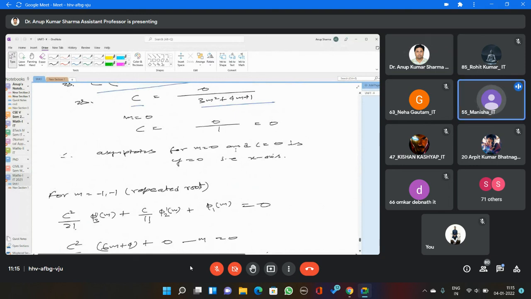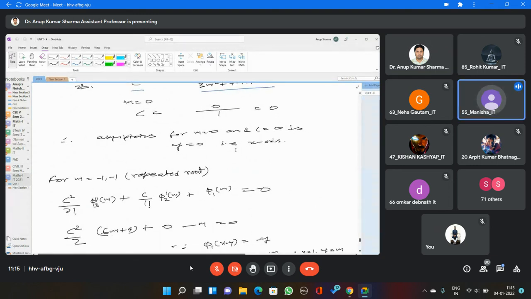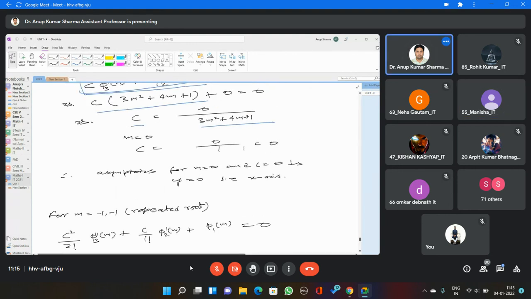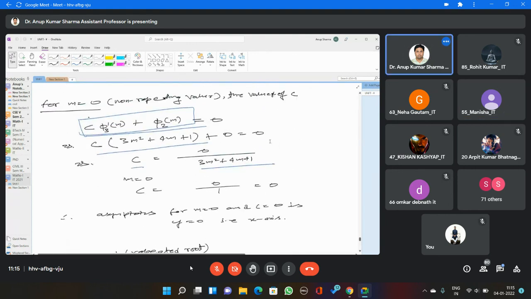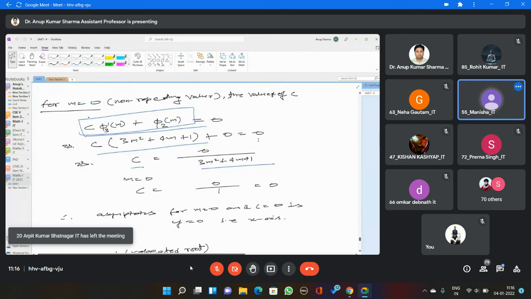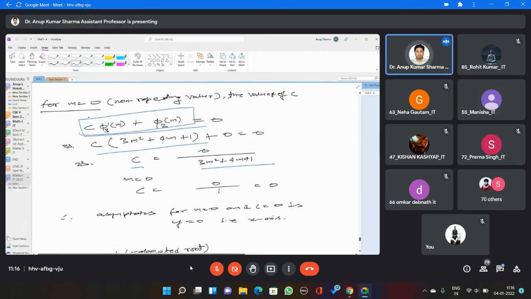Sir, why do you take this equation 3m square plus 4m plus 1 to the right hand side?